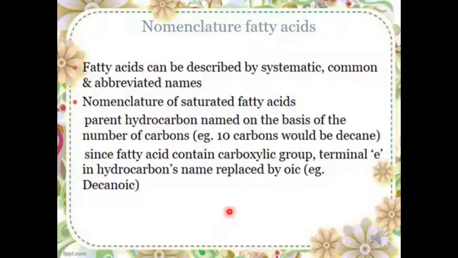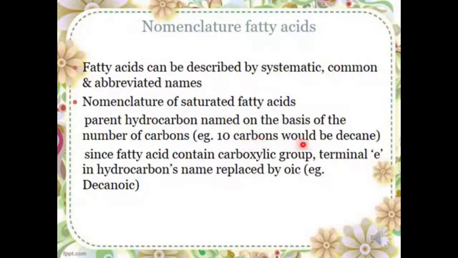First of all, we will look at the nomenclature of saturated fatty acid. Naming of saturated fatty acid is based on the number of carbons in the acid. So if there are 10 carbons, the name would be decane.